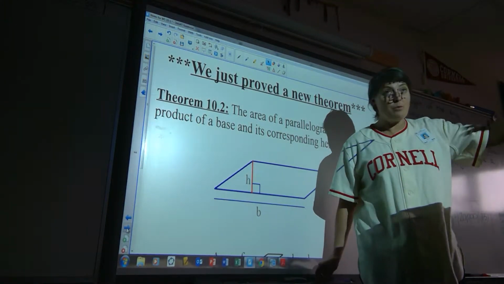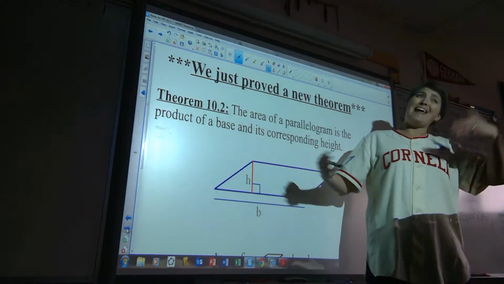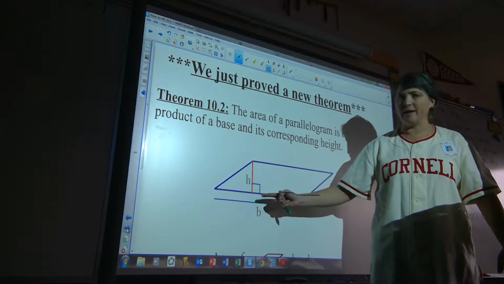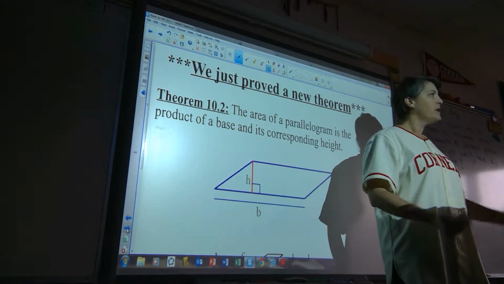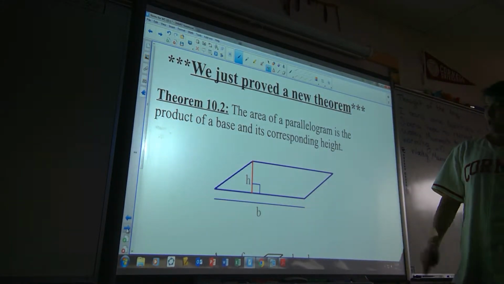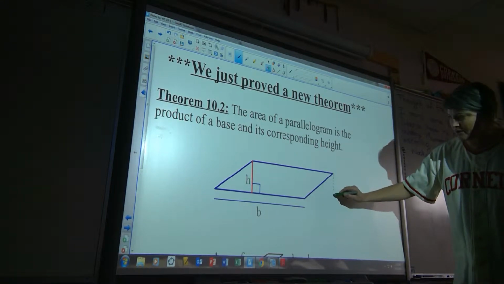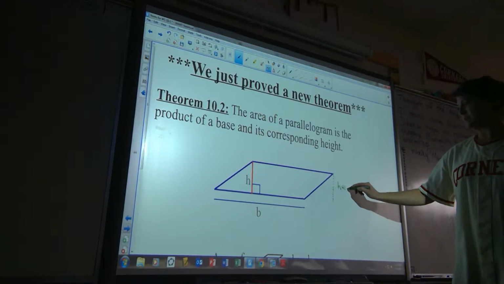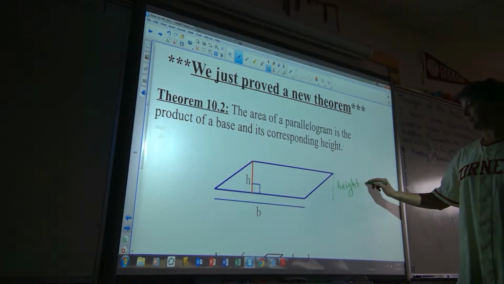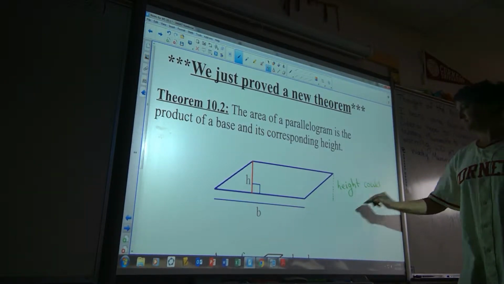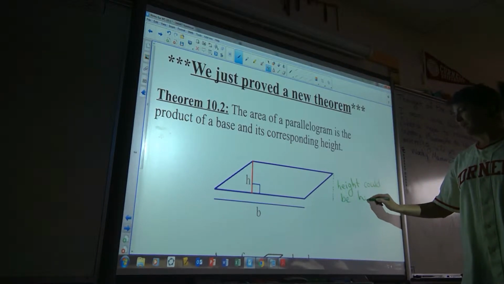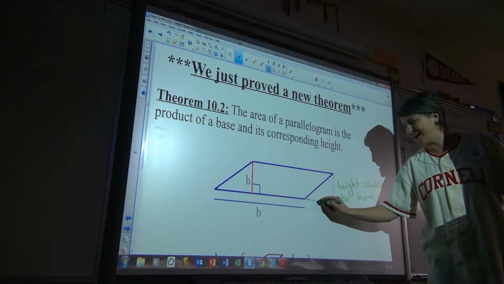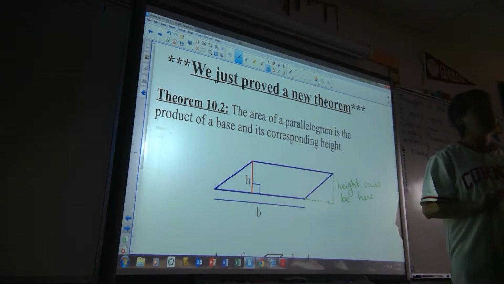Something that you should be aware of is that it makes the most sense to us when the height is drawn inside the shape, but it doesn't have to be that way. The height could be drawn out here with a dashed line. So height could be here. And when that happens, there is often also a dashed line going this way.